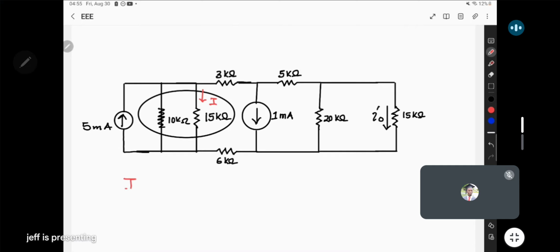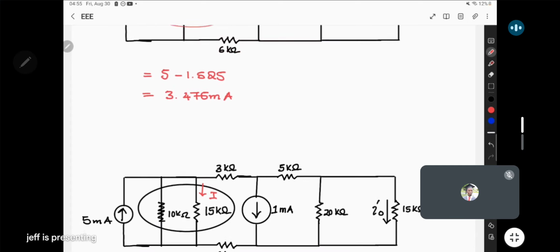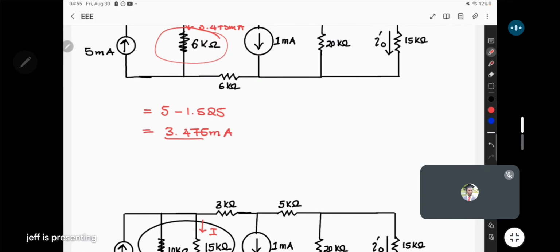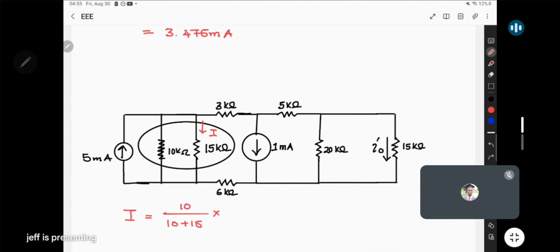In this case, the current towards the 15 will be the other resistor. So I'm using current division for these two resistors here to be the other resistor, which is 10 divided by the sum, 10 plus 15, multiplying the current they are sharing. The current they shared is this current they were receiving, 3.475.